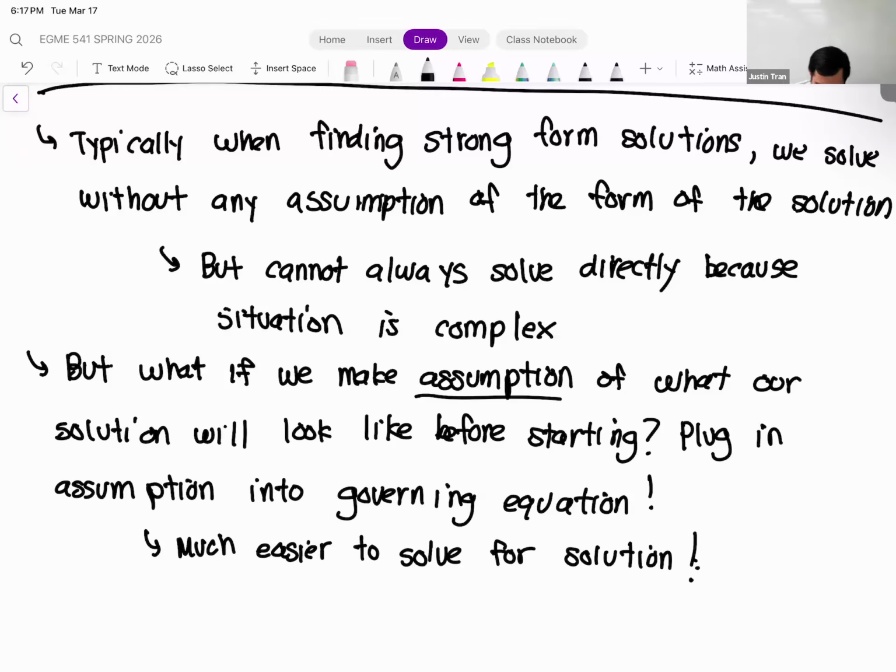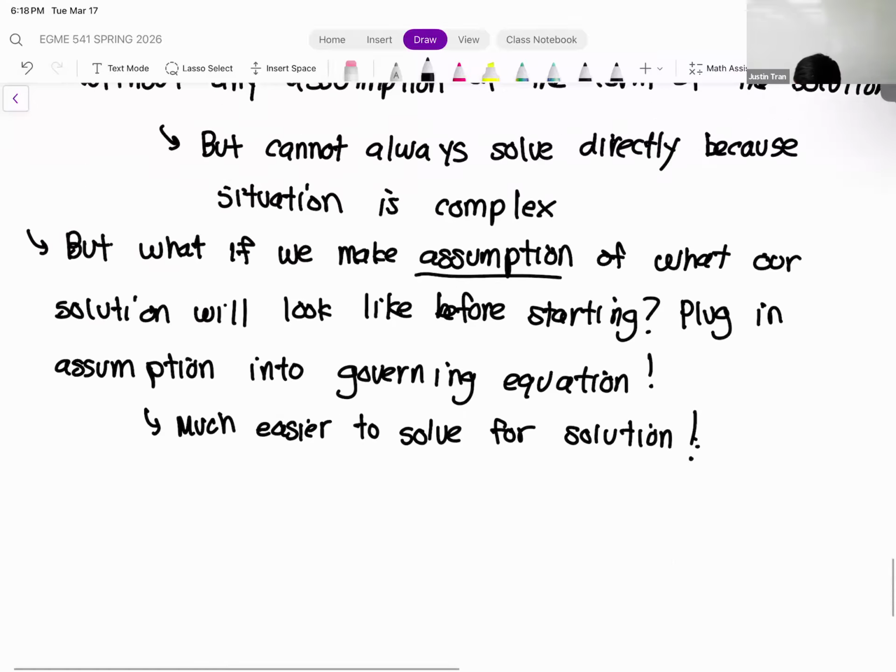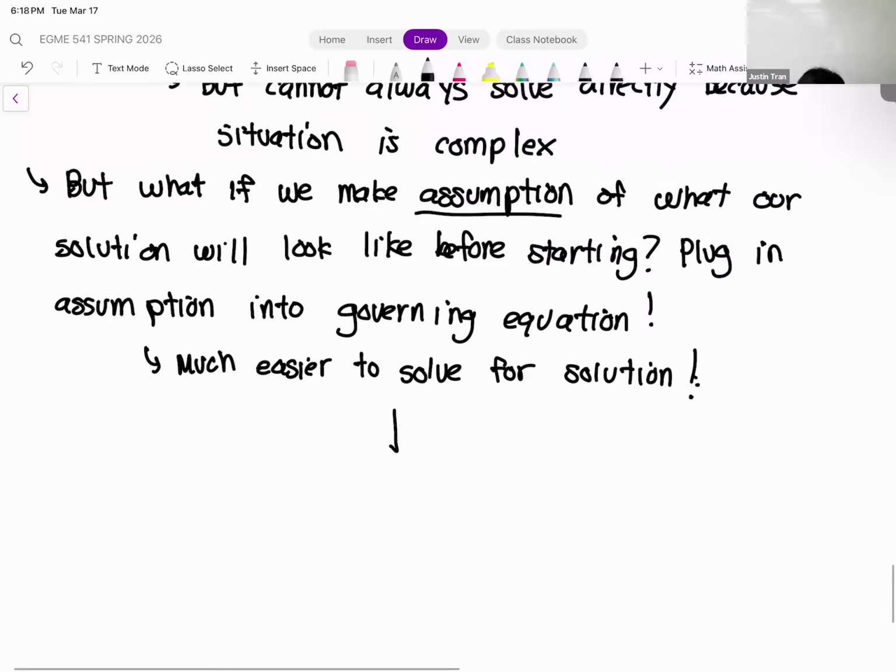Okay. So the idea is like this. A very common assumption of form is that we assume our solutions are polynomial in nature. So let's assume our solution is a quadratic polynomial.